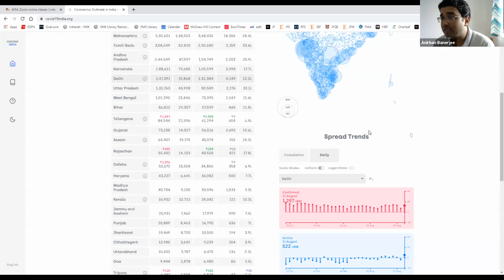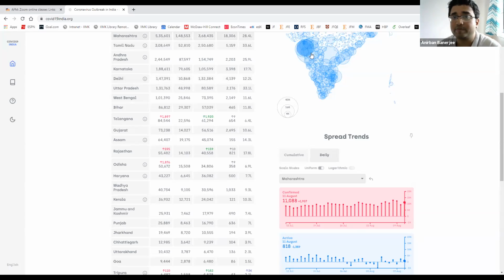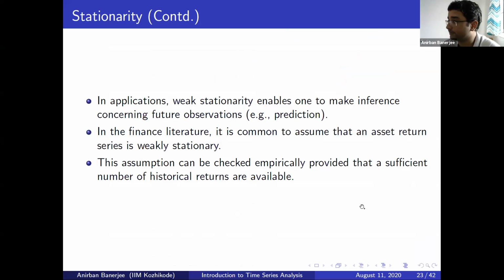But if a series is considered stationary, it may be possible to model it through traditional time series models and then make predictions. So we can make time series prediction models only for series which are at least weakly stationary.